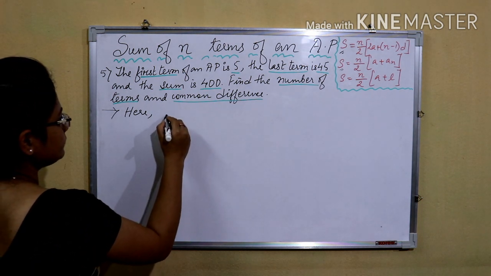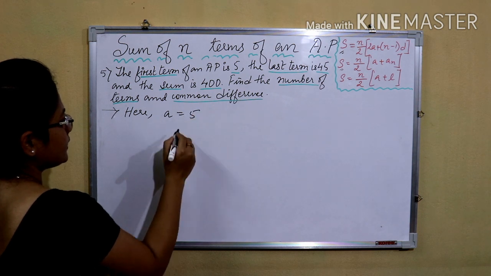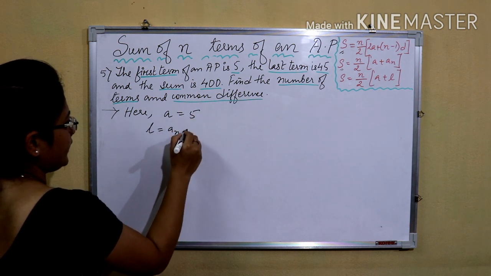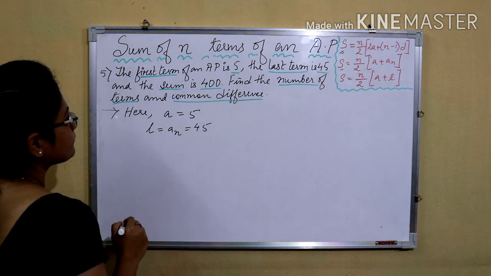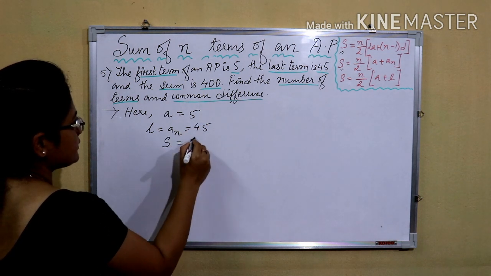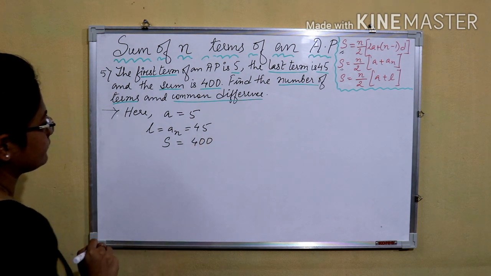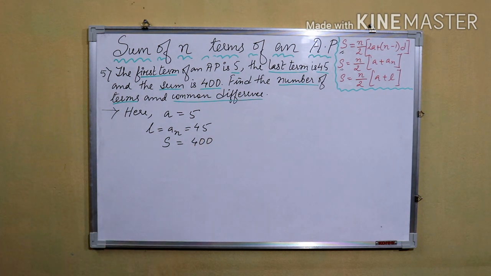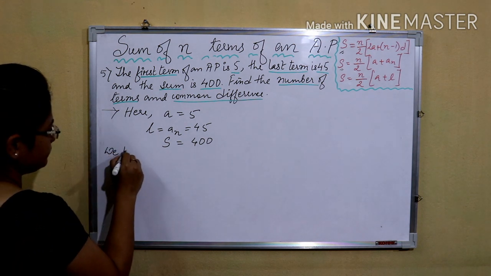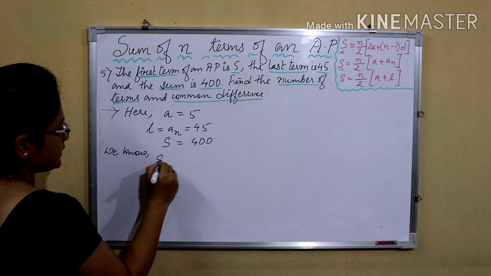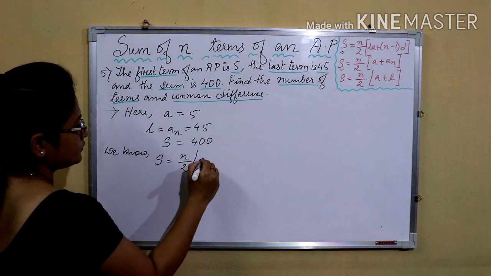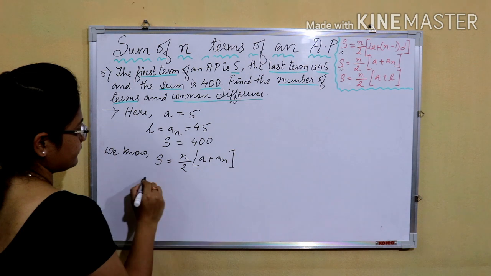Here a is equal to 5, last term l or an is equal to 45, sum, that means S, it is given as 400. So as we know, a and an, if a and an are given, can we use the second formula for finding out n? Yes, we can find out. So we know S is equal to n by 2 into (a plus an).